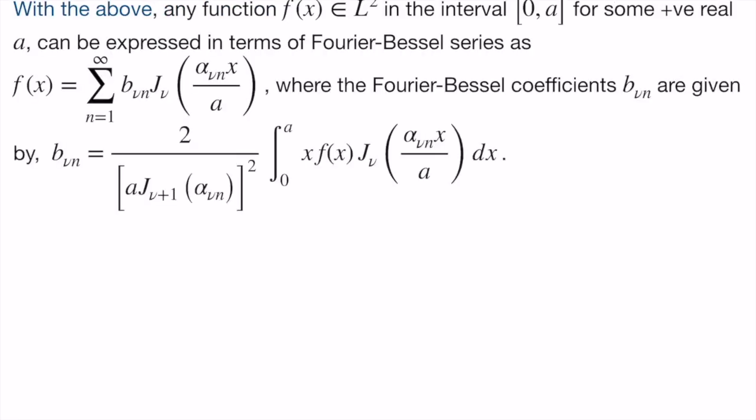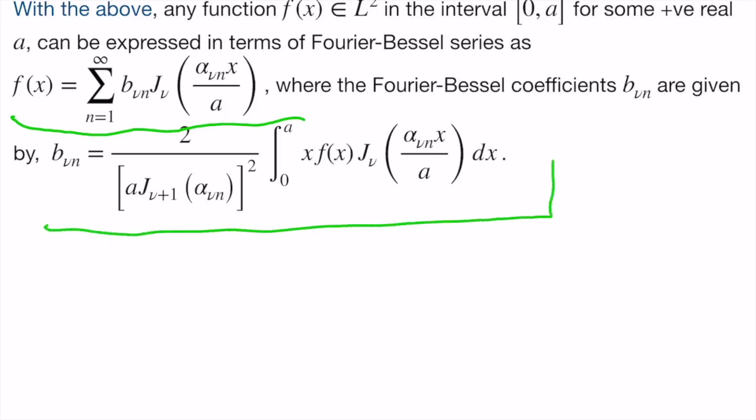So for a given function f of x, if it is an L2 function in the interval 0 to a for a positive value of a, we can express it in terms of a Fourier-Bessel series given by this, and the coefficients of the Fourier-Bessel series can be computed using this equation, which would completely describe the function.